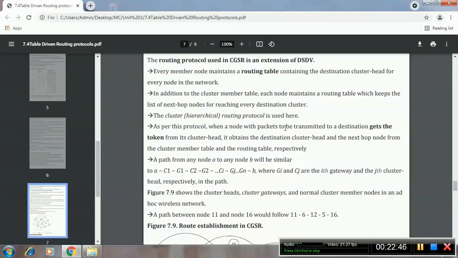All this information is obtained by the node that wants to send a packet.